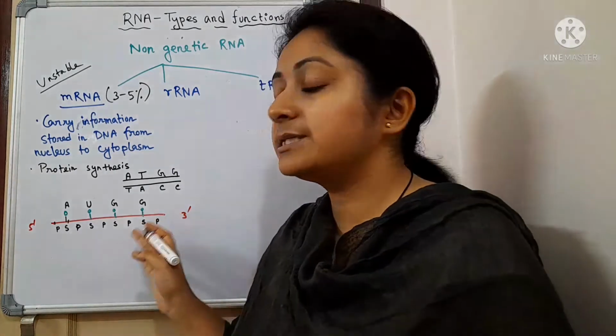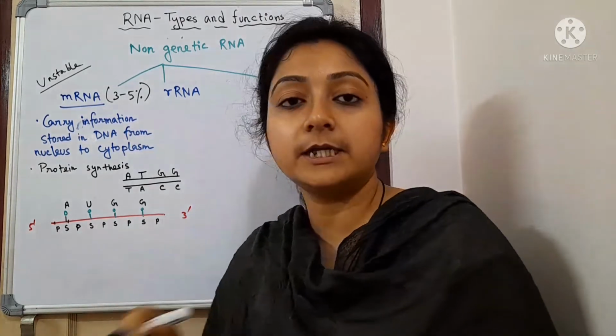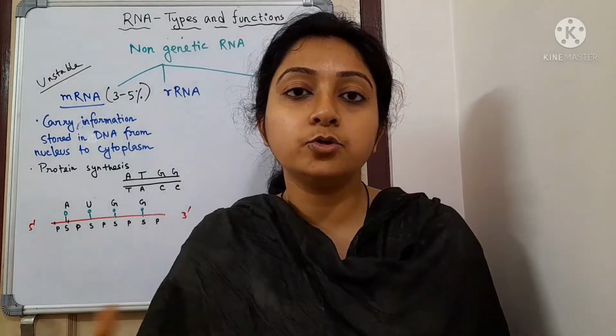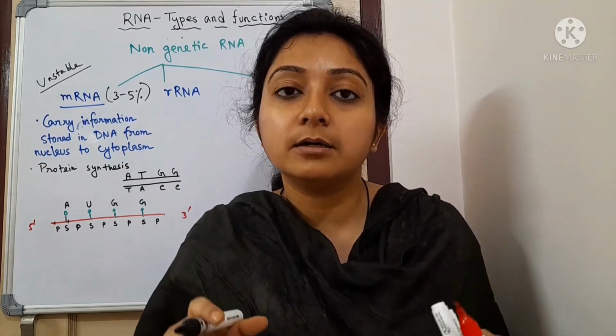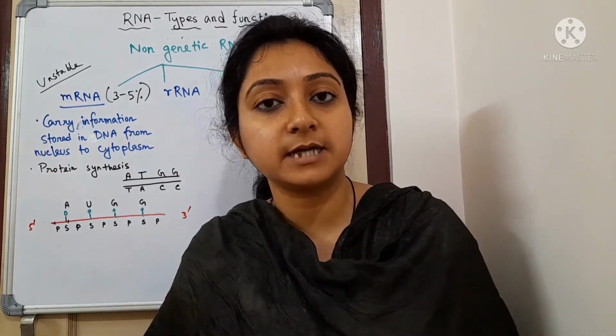Right after formation inside the nucleus, some changes happen. Why do changes occur? Because I have already said that this is a very simple molecule and very unstable in nature. It is prone to being attacked by ribonuclease enzymes, which are present in the cytoplasm.